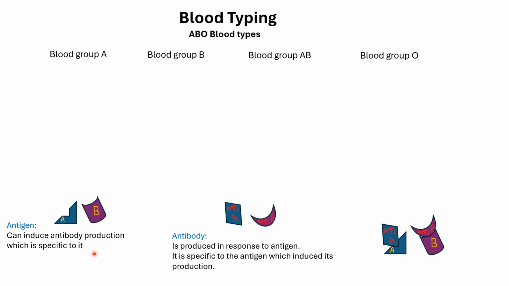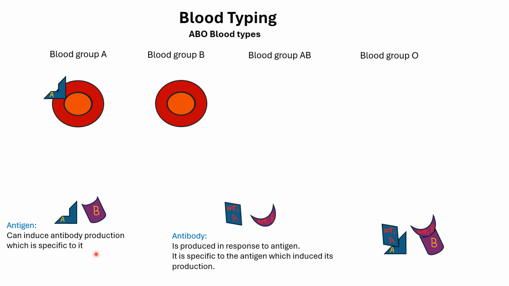Now let's see how we get these four blood types. In blood group A, the red blood cells of a person with blood group A have antigen A present on the surface of their red blood cells. They do not have antigen B. So we give this blood group the name blood group A because of the presence of antigen A on the surface. Then in blood group B, the blood cells have antigen B on the surface.